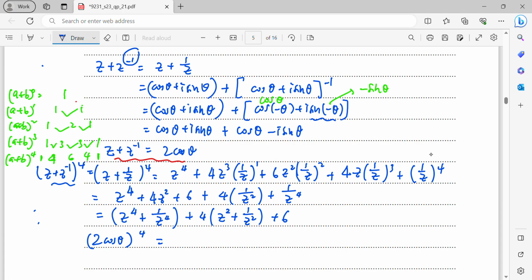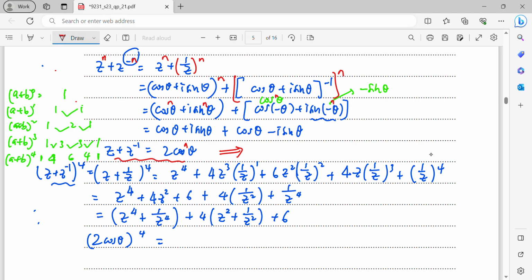Now we can just extend this formula, right? So let's say here is power n, here is power n, then the n will be brought into the theta. So when you add together, I will get cos n theta over here. Same for all of this.